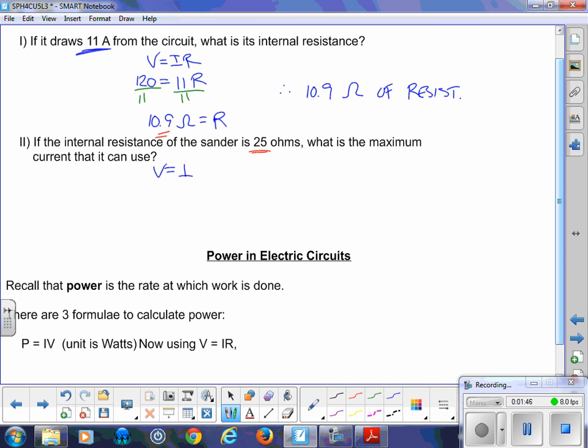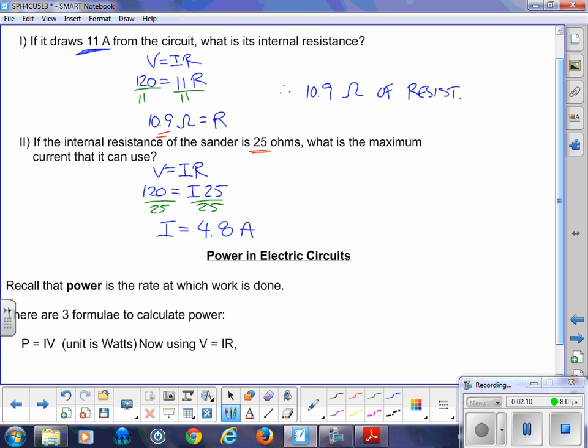What happens? The voltage, again, is plugged into a 120. We are looking for the current, and the resistance is 25. So divide both sides by 25, and you find that your current drops way down. The current is 4.8 amps.